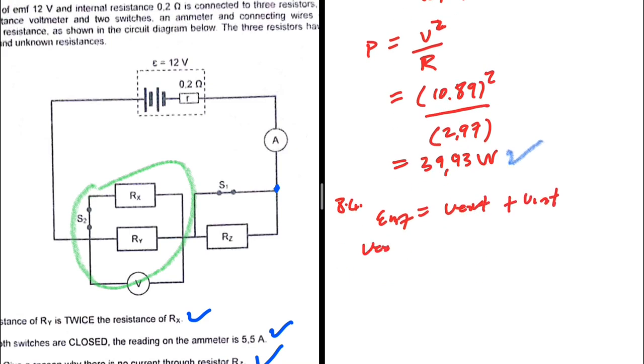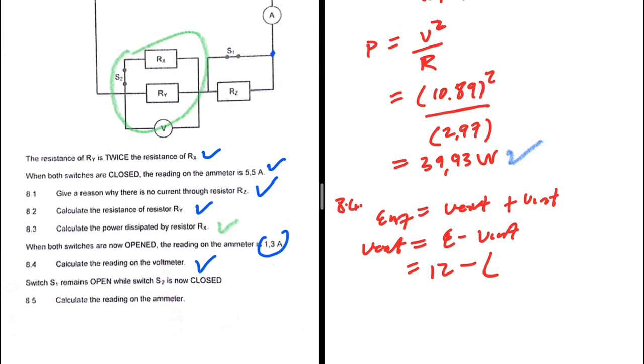Making V external the subject of the formula, we get EMF minus V internal. The EMF is 12, but we can find V internal because we have the current. The current is 1.3 and the internal resistance is 0.2. So we can just use this instead. So 12 minus 1.3 multiplied by 0.2.